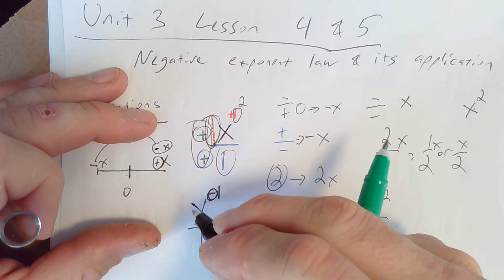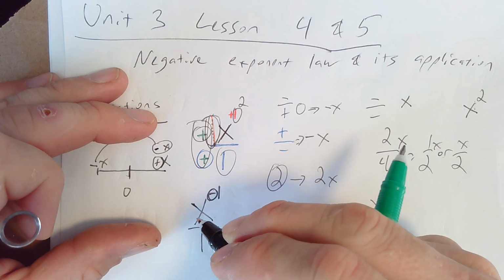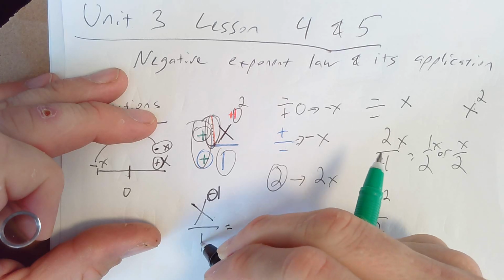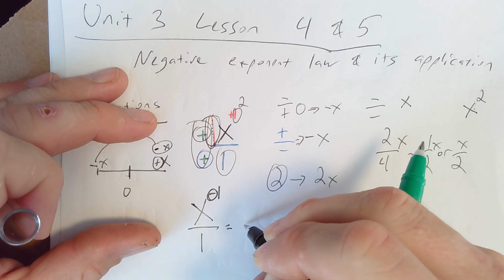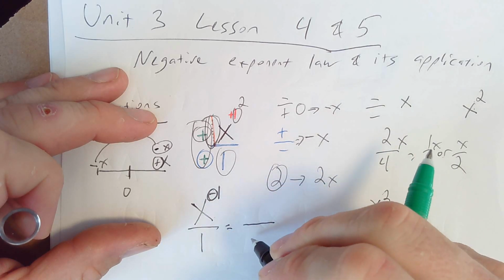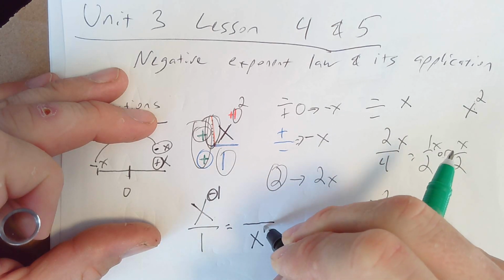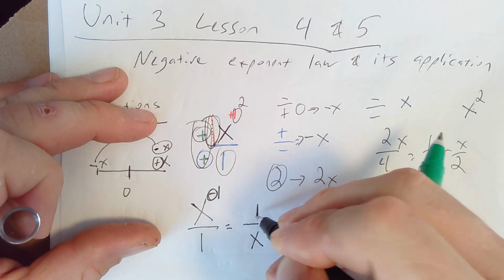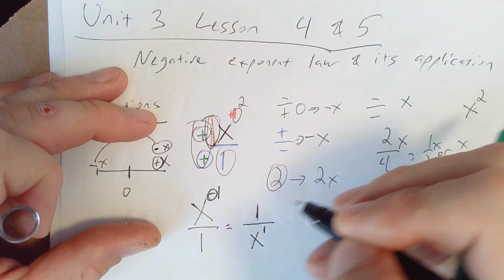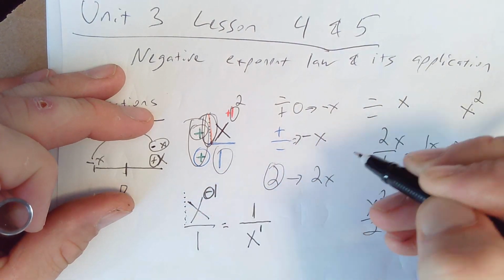makes this x go to the other side of the fraction bar, right? So now this thing is going to migrate to the other side and become positive 1. Nothing left except for a 1 all by itself on the top, because remember this 1 was hanging out up here, right?